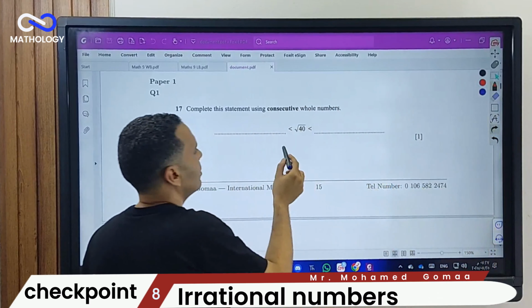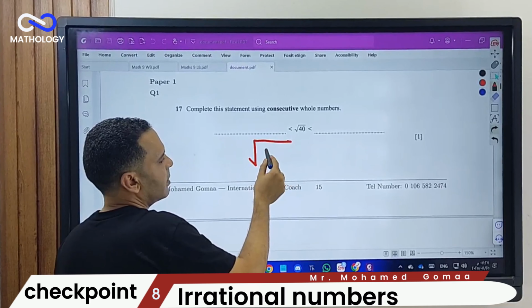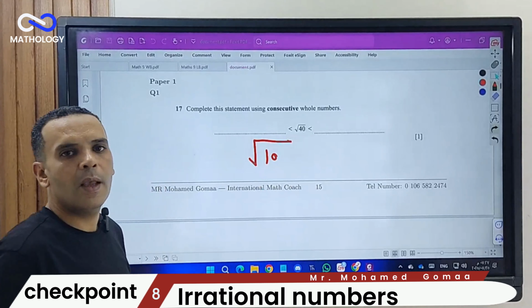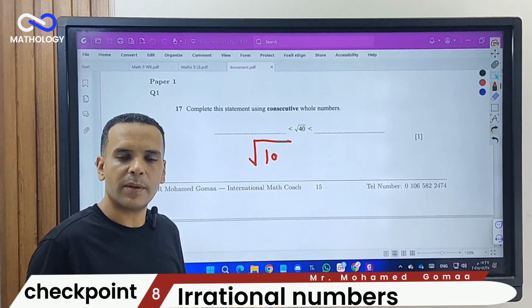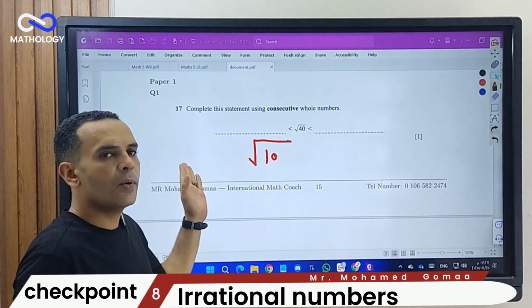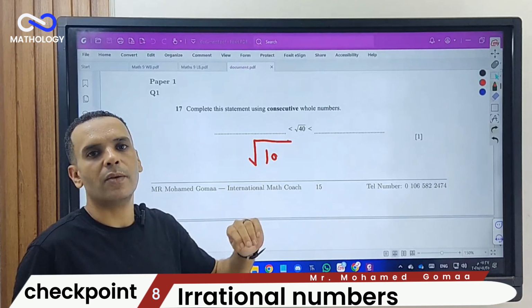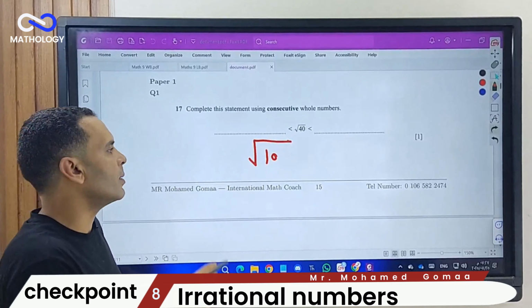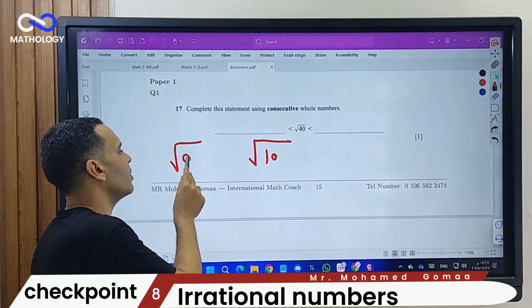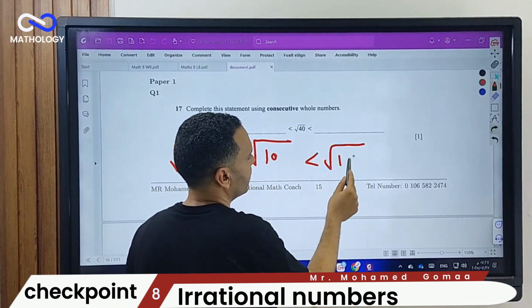Another one. Get the value of square root of 10. Put this irrational number between two rational numbers. Get the number smaller than 10 that has a square root, and the number greater than 10 that has a square root. What is the square number smaller than 10? It will be 9. Square root of 10 is between square root of 9 and square root of 16.